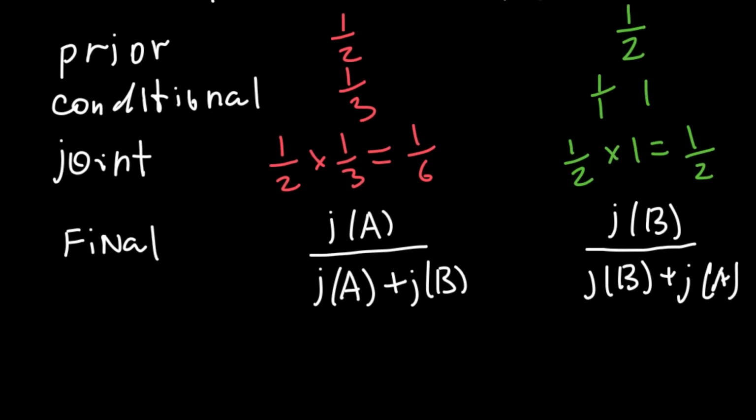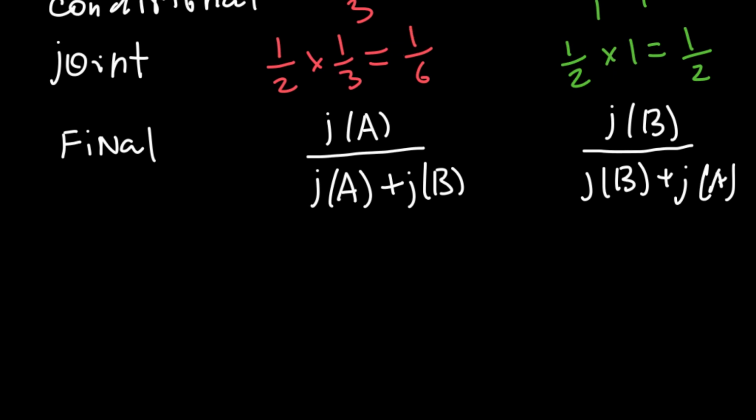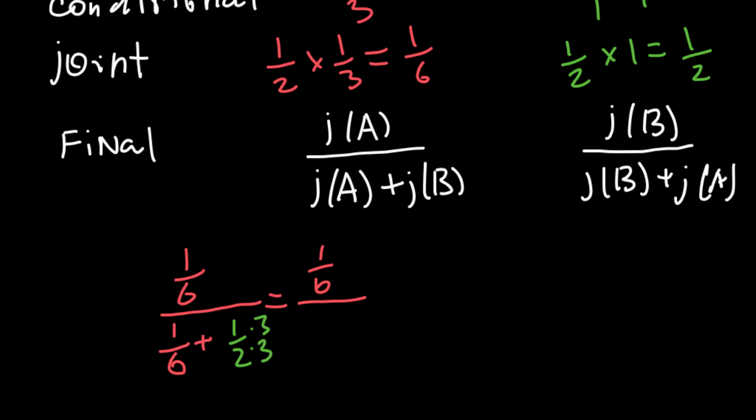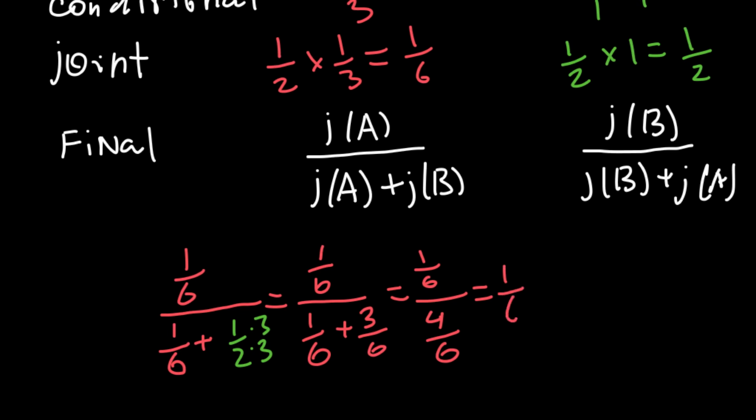So we know that joint probability of event A is 1/6, so 1/6 divided by 1/6 plus joint probability of event B, which equals 1/2, and we have 1/6 on top, and we have to multiply here by 3, and here we are going to have 1/6 plus 3/6, so 1/6 on top, and 4 over 6 here, which equals 1/6 multiplied by 6/4, and we can cross out these numbers, and the answer here would be 1 quarter.